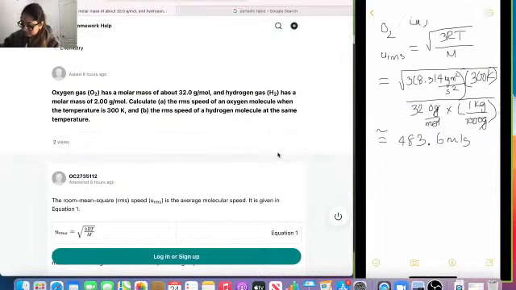So the RMS speed for oxygen gas is 483.6 meters per second. This is what we got for O2.